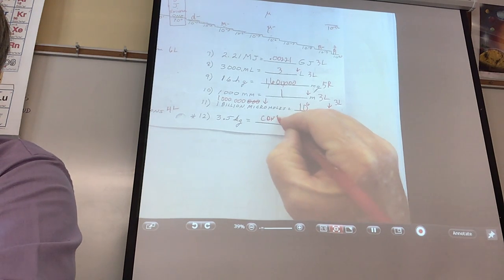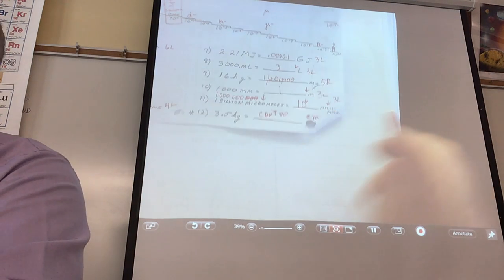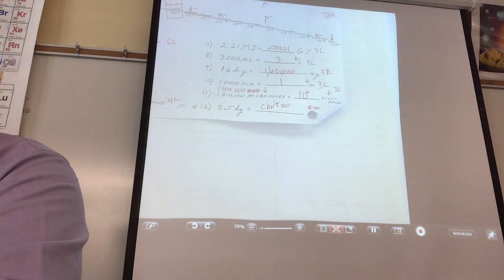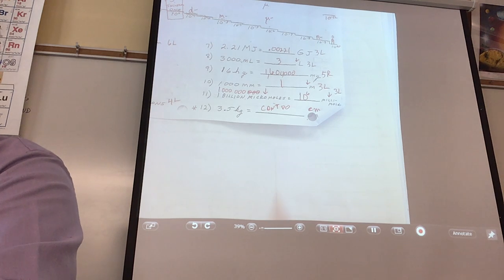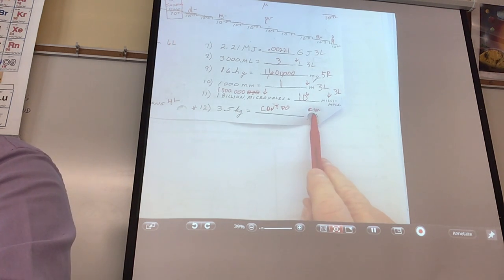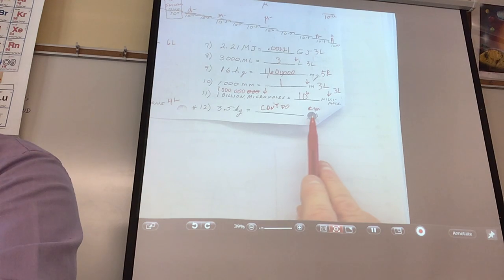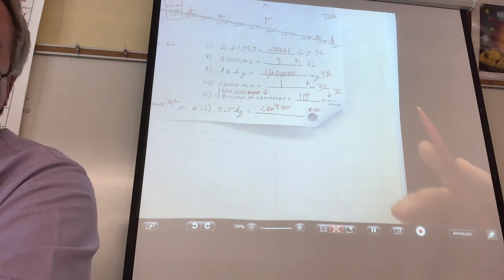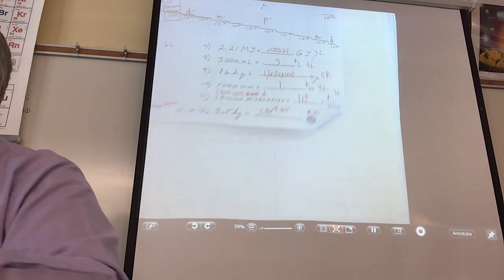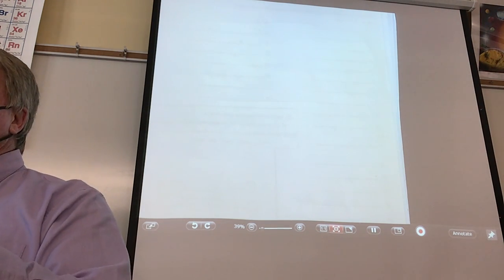Even though I'd ask you to pay attention to the prefixes, can you change grams into centimeters? It'd be like saying 55 pounds of hamburger equals how many inches? You say, that's stupid. So that was a trick question, right? All right, little trick question.